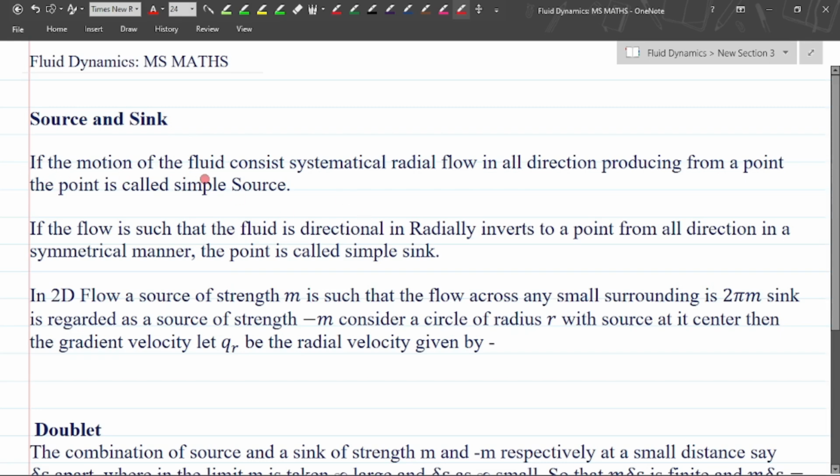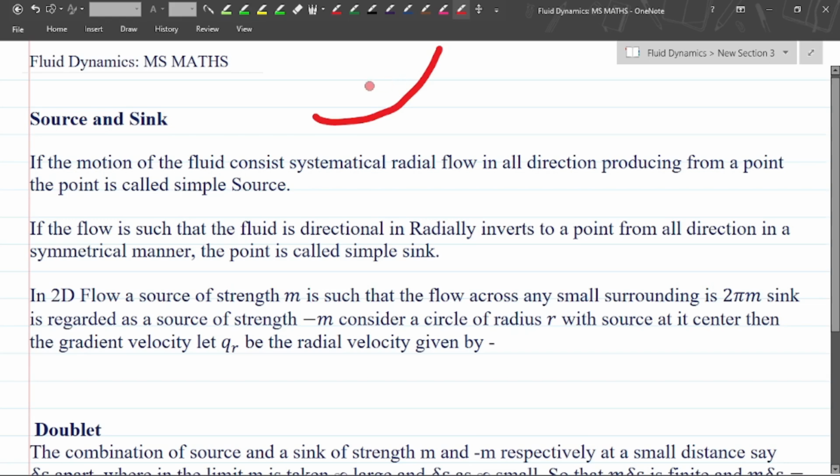If the motion of the fluid consists of symmetrical radial flow, it means the motion of the fluid is in such a way that it is a radial flow. There is a radial velocity and a transversal velocity, two types of velocities.